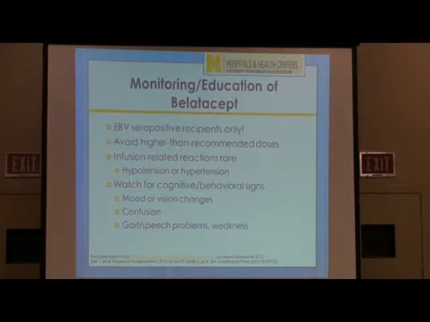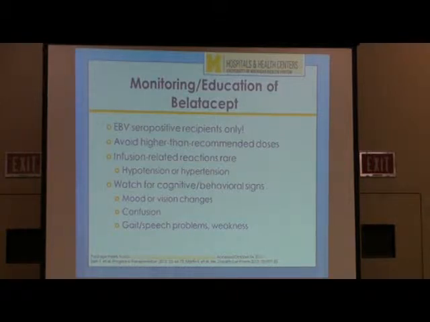So the most important thing is it's only used for EBV seropositive recipients only. So that's the strongest contraindication it has. It's in a black box warning all over the website and the package insert. It's really important to avoid using higher than recommended dosing.